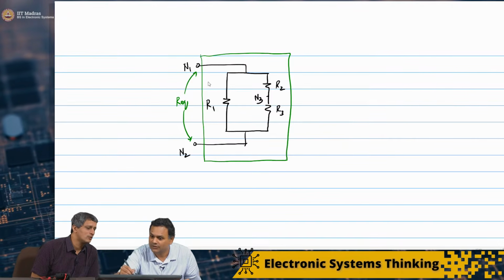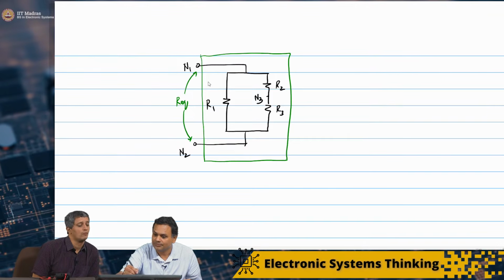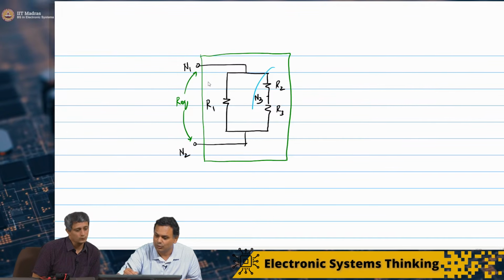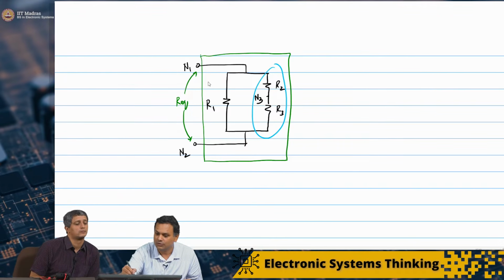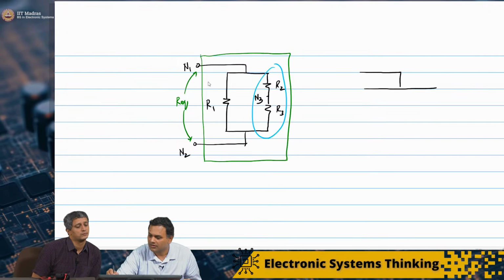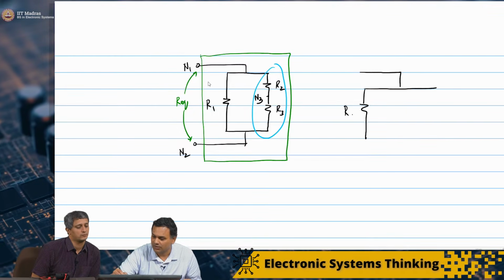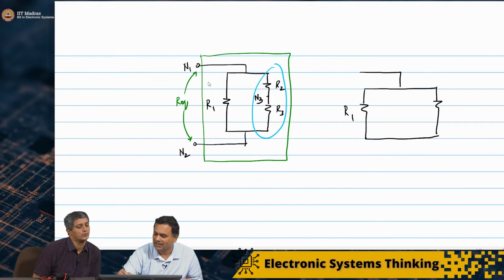So what I will do, I will say that this portion now gets transformed. The first portion remains the same, which is R1. And the second one gets transformed into an equivalent resistance.